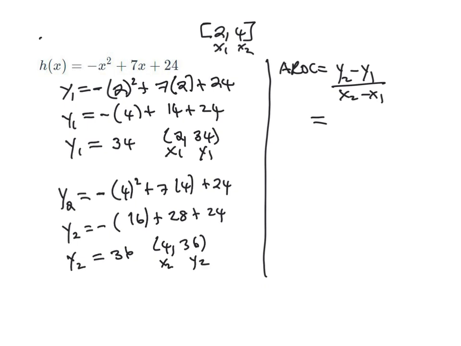So y2 is going to be 36, take away y1, which is 34, and that's divided by x2, which is 4, take away 2. Simplifying that, we get 2 divided by 2, which is 1. So the average rate of change over this interval for the equation is 1.